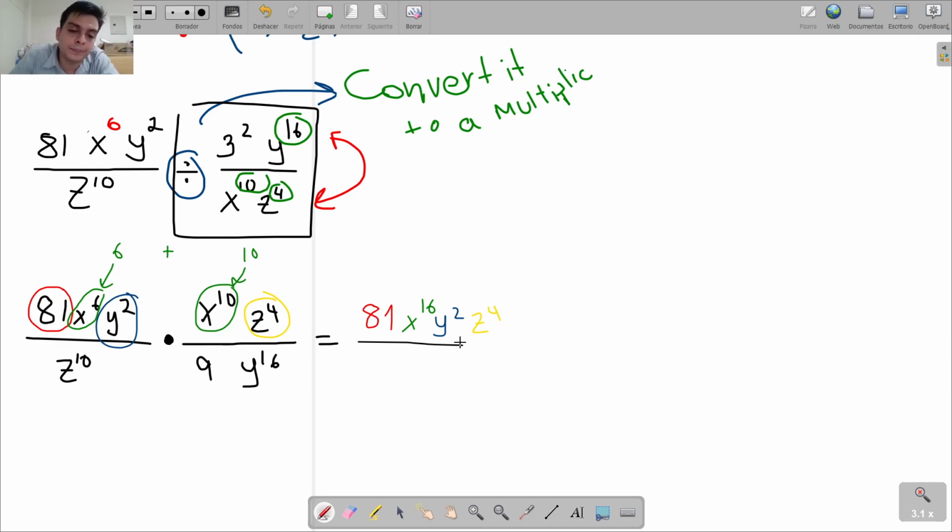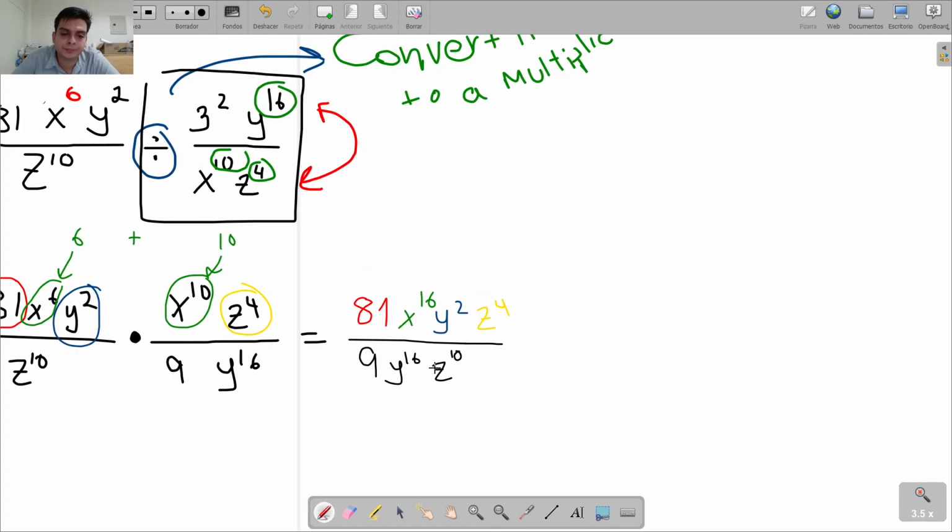We are done with the part up here, so let's continue. What we have down now is only the number 9, so we copy 9. We have y to the power of 16 and z to the power of 10. Now, as you can see, I always try to write the variables x, y, z in alphabetical order.